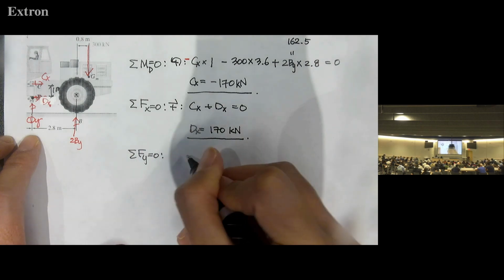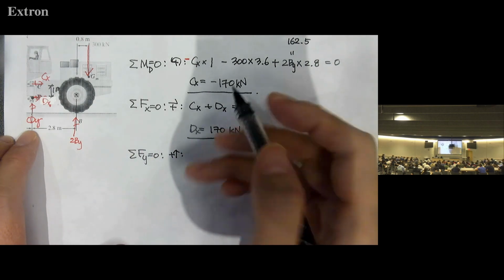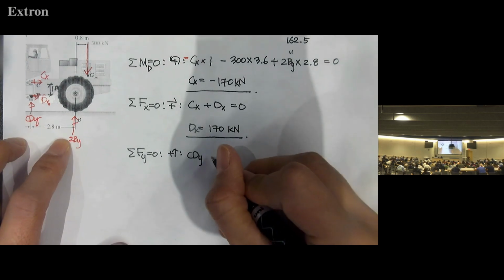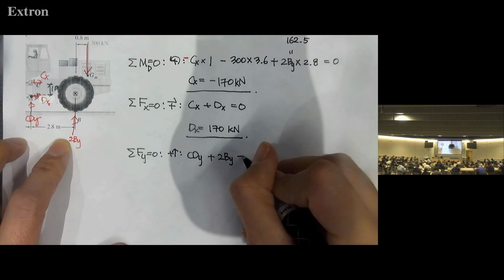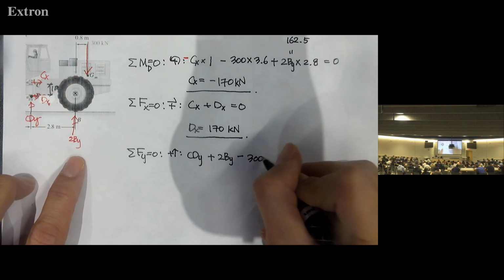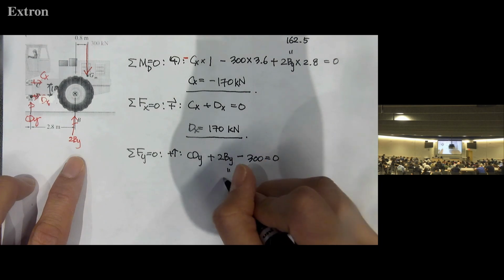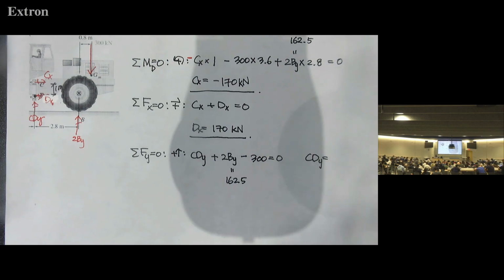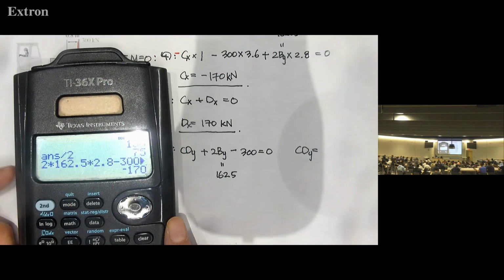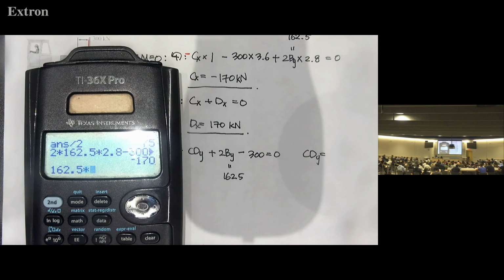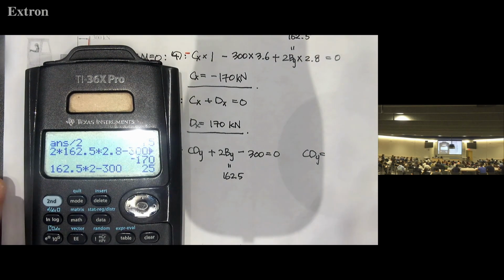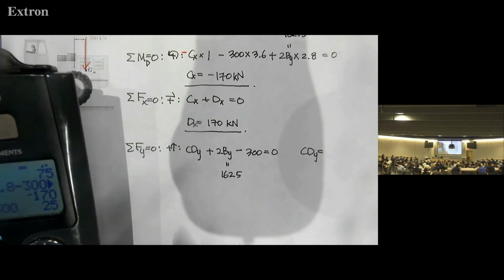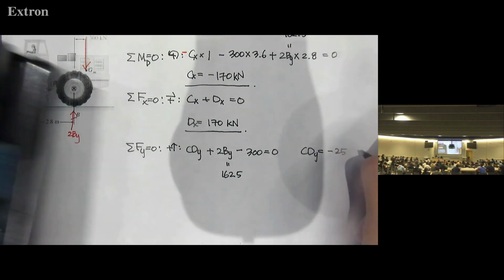And the last equation, the Fy equation. So CDY is the only unknown, and we have 2BY minus 300. And again, BY is 162.5, so CDY is 162.5 times 2 minus 300, right? And minus, right? So minus 25 kilonewton.